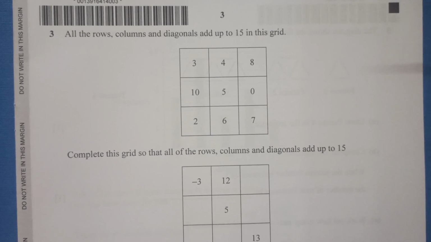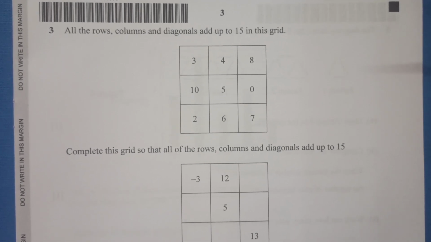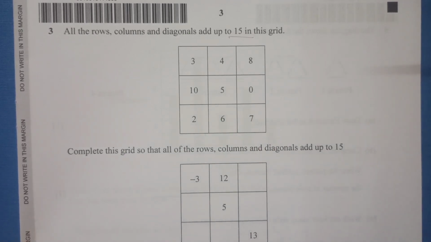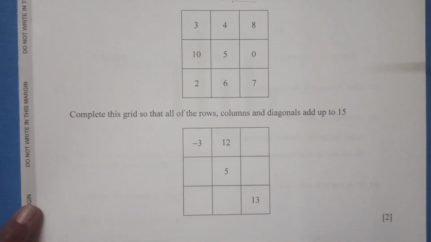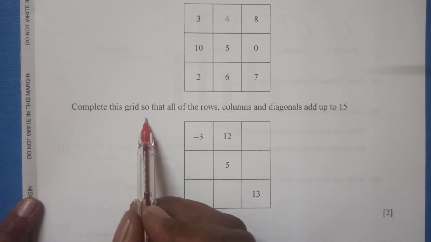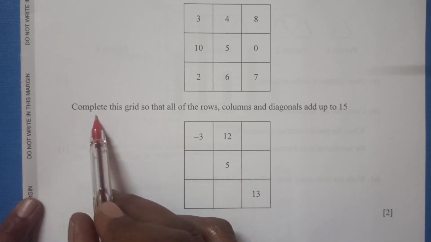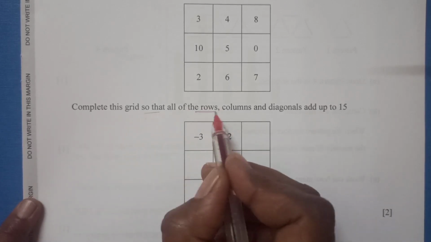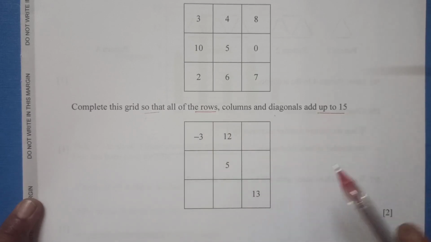Number 3. All the rows, columns and diagonals add up to 15 in this grid. Complete this grid so that all the rows, columns and diagonals add up to 15.